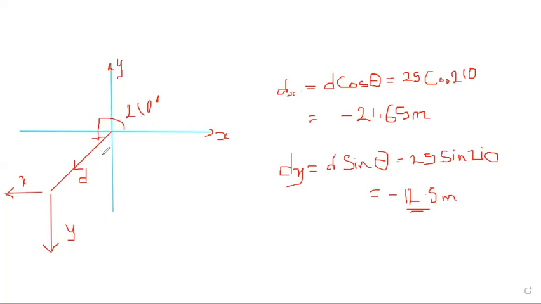Say we had a different scenario. Say this angle was measured from the positive y-axis. Say it was 210 measured from this point.